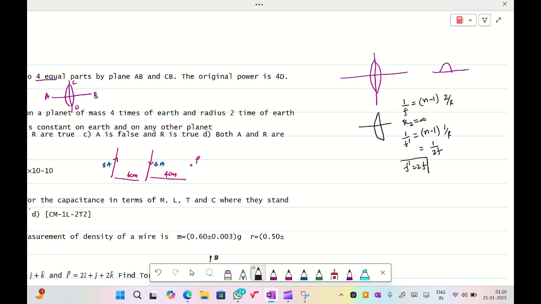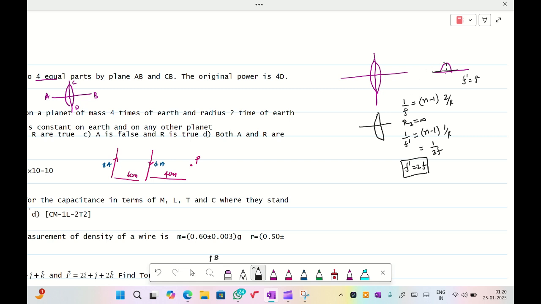If we cut like this, parallel to the principal axis, R is not changing. Therefore f dash is equal to f. F will not change.